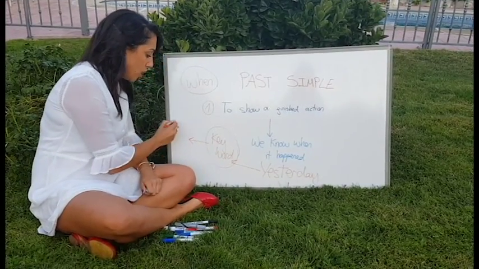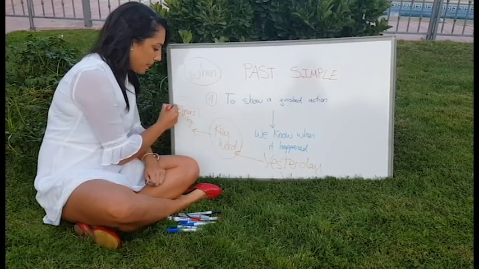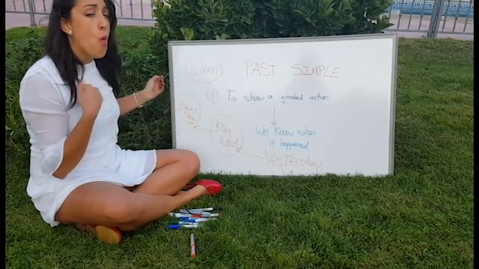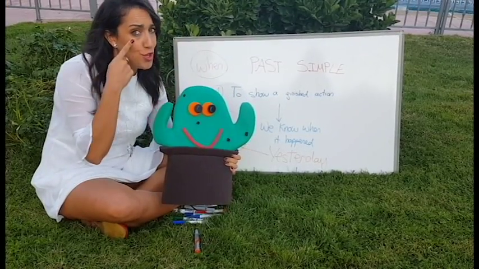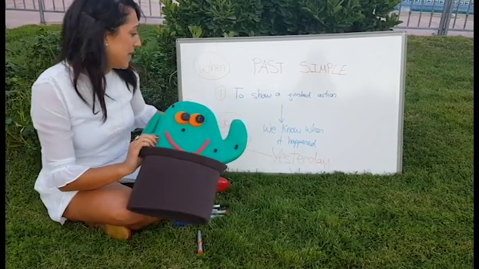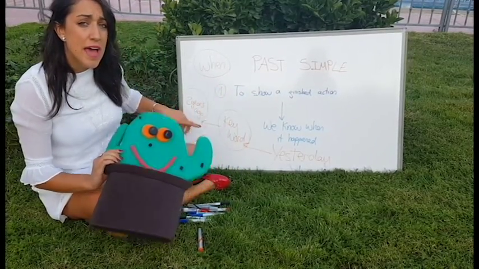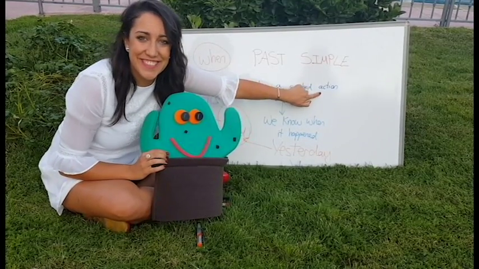Another keyword. 2 years ago, I went to the desert and I saw a cactus. We know when it happened because it's 2 years ago and the action is finished.